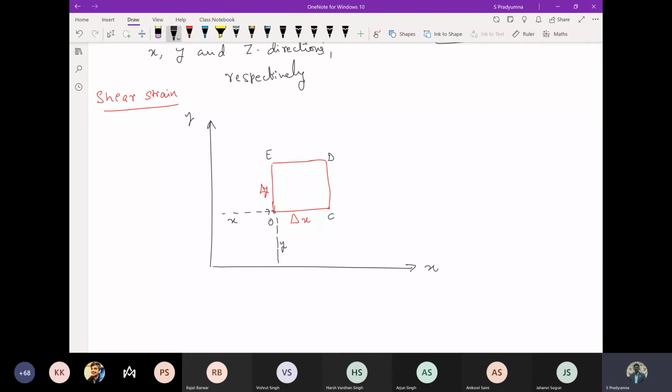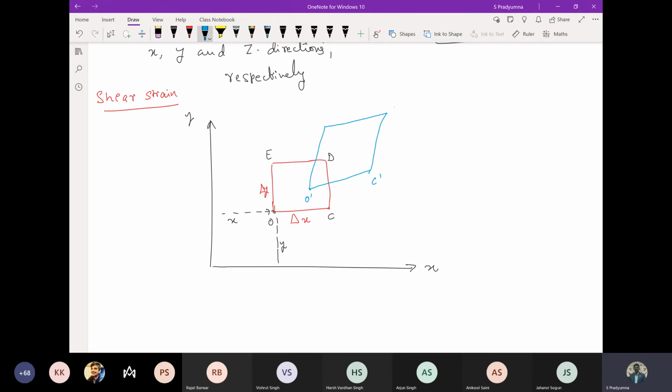Now because of the application of the load, there will be normal strain and shear strain. So let us assume that this point O will move to somewhere here. Call this O dash. Now I assume that this is the revised or deformed shape of the element OCDE.